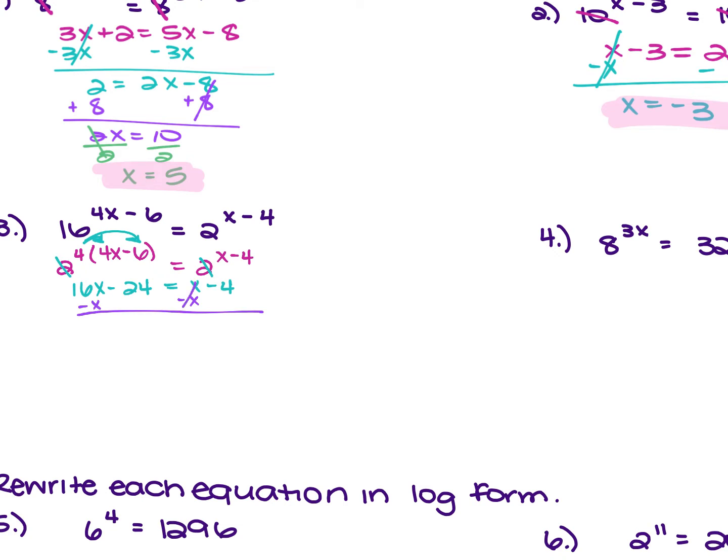So that leaves us with 15x minus 24 is equal to negative 4. From here, we're going to move the 24 over by adding it to both sides. That gives you 15x is equal to 20. We divide each side by the 15. Simplifying, and we get that x is equal to 4 over 3.